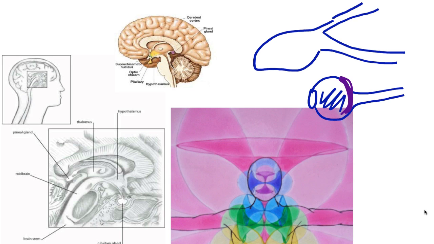Now I'm going to draw this as a simplification so that we can imagine with our mind's eye that there's a little movie screen inside of your pineal gland. And that on here, this is where you might imagine something and project it using your ability to envision something. So literally we're talking about inner vision and insight.